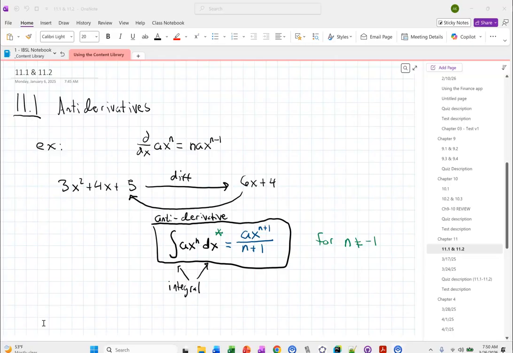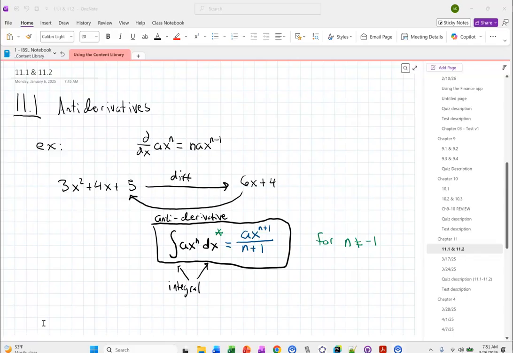So, for example, remember that our derivative shortcut for a power function, the derivative of a times x to the n, is n times a x to the n minus 1. You guys remember that? So, for example, if we have the polynomial 3x squared plus 4x plus 5, and we differentiate that, we get 6x plus 4. Everybody gets good?